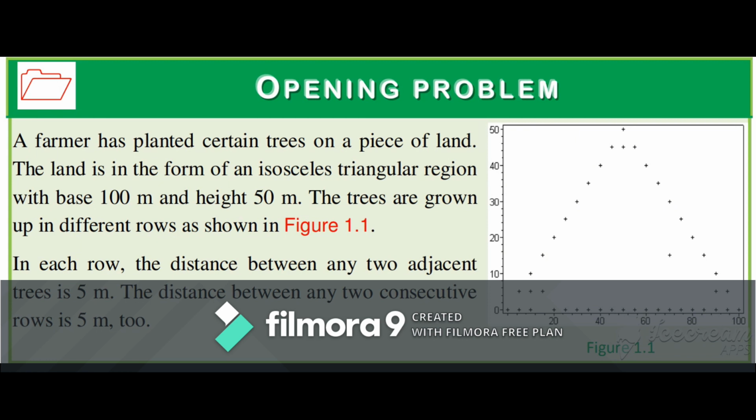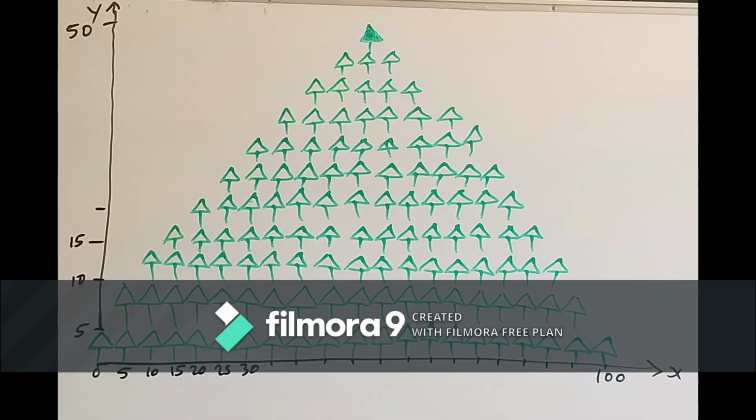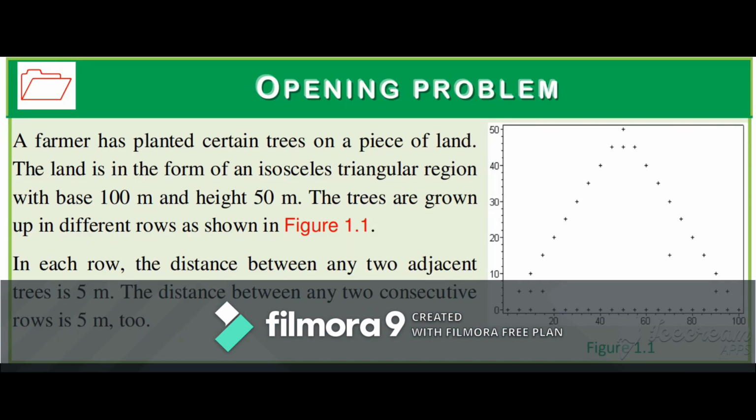The trees are grown in different rows as shown in the following figure. In each row, the distance between any two adjacent trees is 5 meters. The distance between any two consecutive rows is 5 meters.